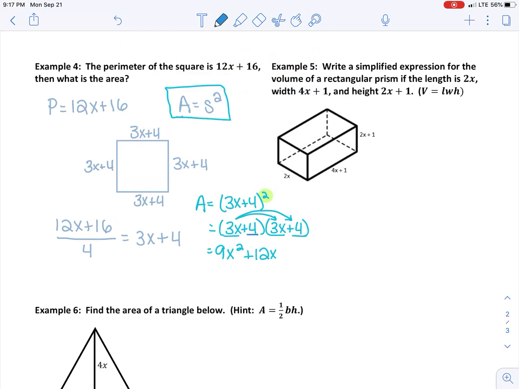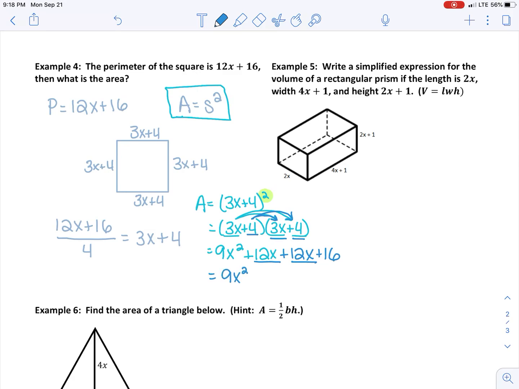And then I need to take this 4 and multiply it by everything in the second set of parentheses. So 4 times 3x is another 12x. And 4 times 4 gives me 16. So I'm almost done. The last thing that I need to make sure I do is combine my like terms, and my only like terms are the 12x's.